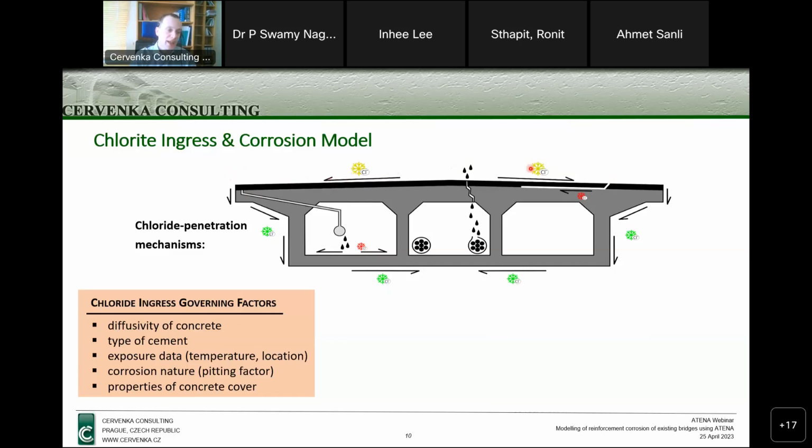So that's why the chloride concentration is usually the highest at the top surface.